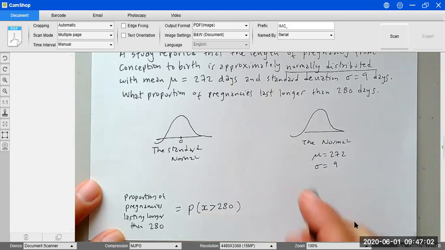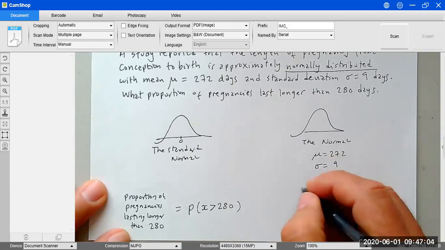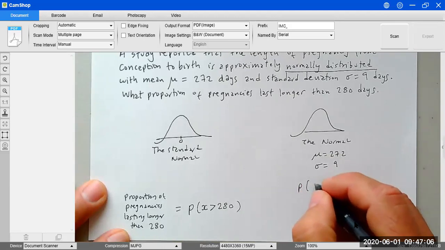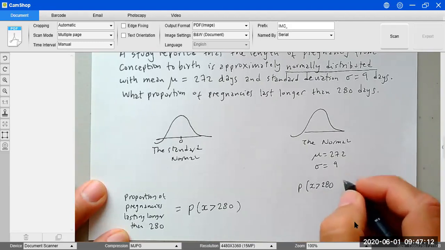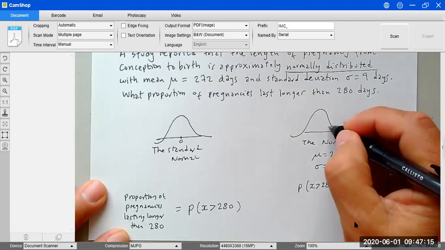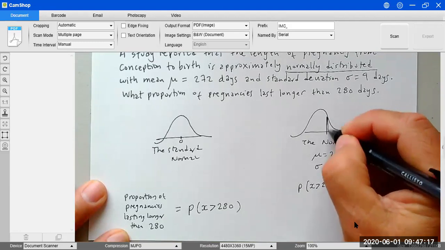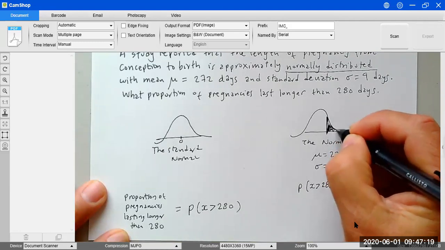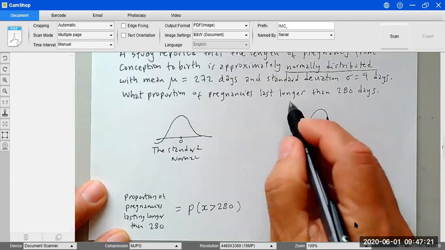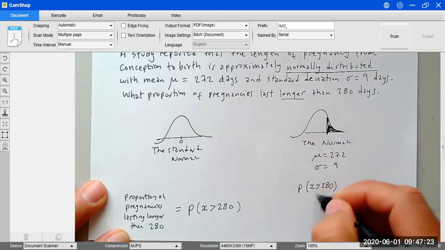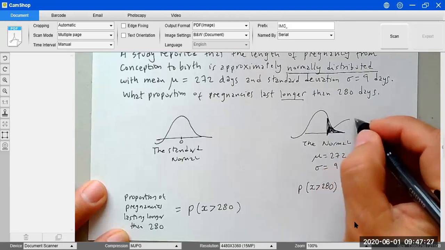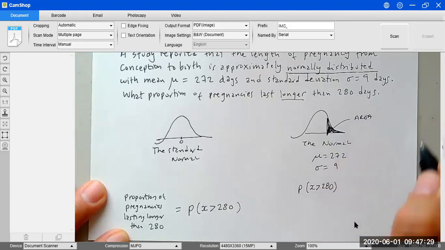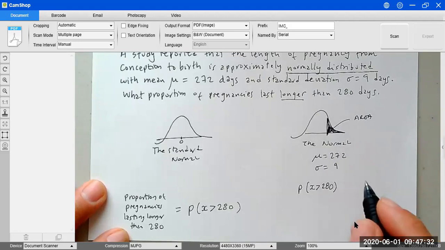You can find this directly by using the normal distribution. When they say that the pregnancy lasts longer, they are talking about an area to the right. Anytime you have X greater than, this is the area they are talking about. That's the probability that we want to find.